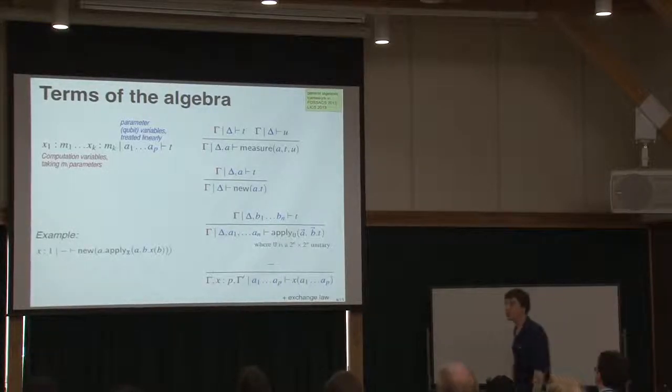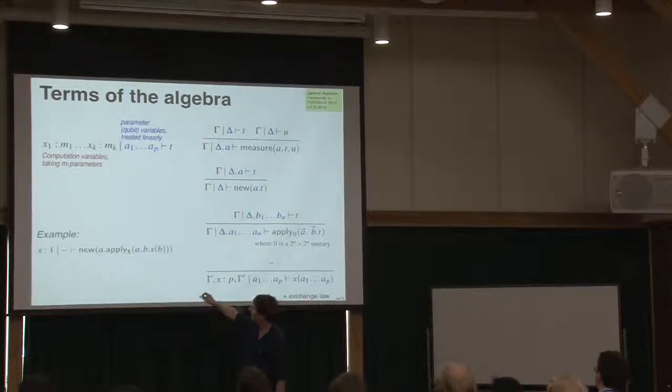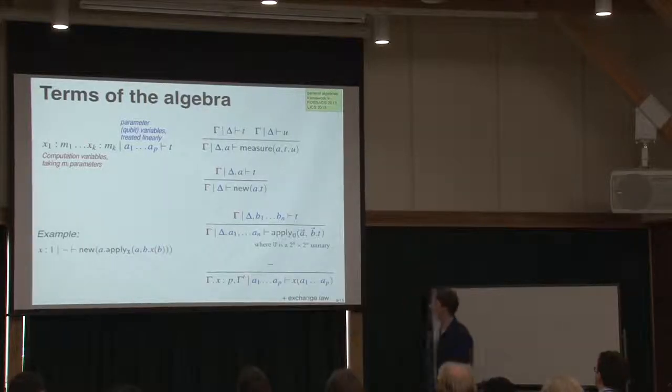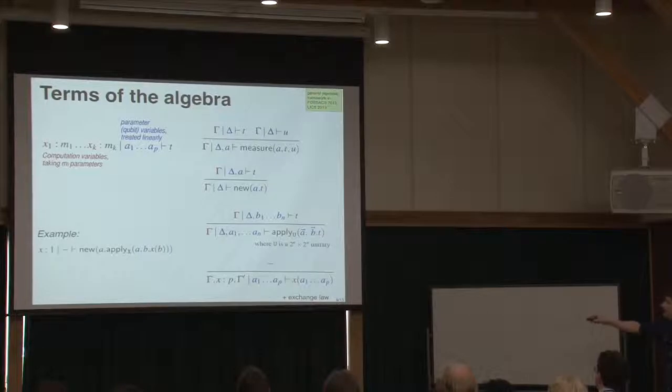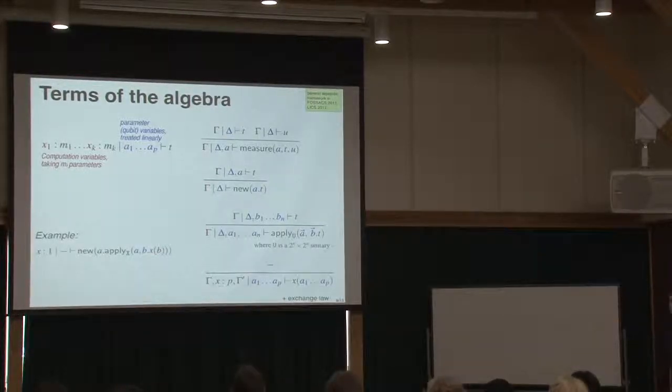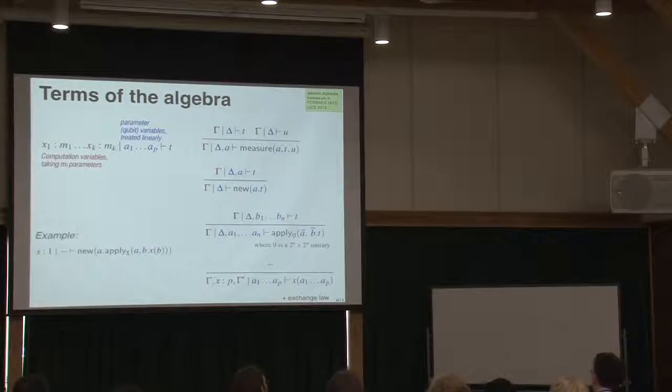Now some examples of things you could write. If I've got one continuation variable, one computation variable, I can form this program, which first allocates a new qubit, then flips it around the z-axis, and then calls continuation x with the result of that. So what that's going to do is allocate something at 0, flip it around and return it at 1.